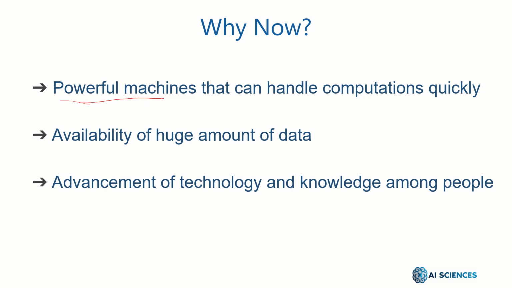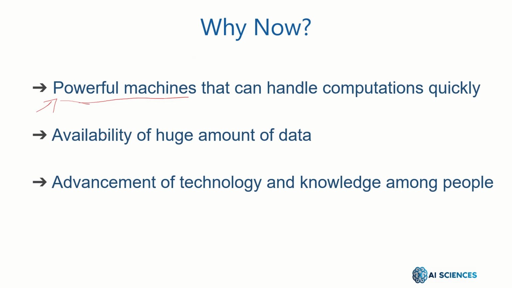And unless fast hardware is available, you are just stuck. But right now, powerful machines, very fancy hardware, parallel computing, even clusters and clouds are available, making computational power increasingly available. This is one reason for the boost in machine learning.